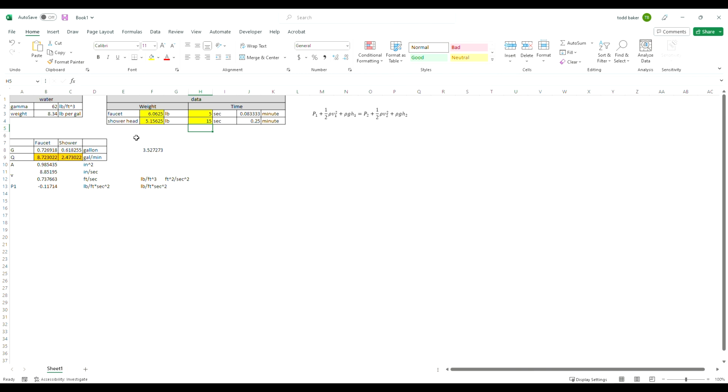Now, one slight thing you have to remember, especially with imperial units, is when you get your answer in this, you actually have it in pounds force, because your units end up this weird pound over feet times seconds squared, which, if you look it up, it's pounds force.